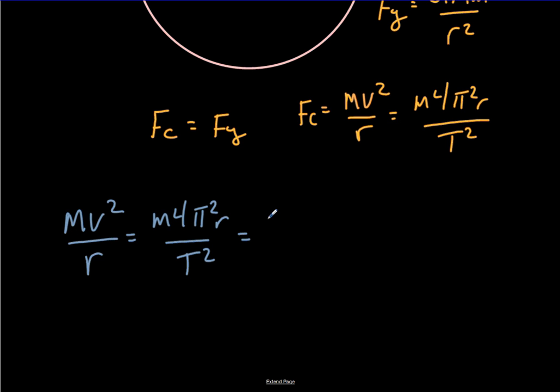And that can be made equal to Newton's law of universal gravitation, which is big G, big M, little m, all over r squared. What do you notice appearing in the top of all of these equations?